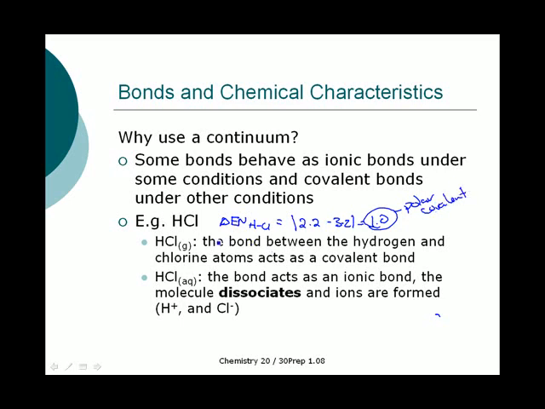And when it's in its pure form, it acts as a polar compound. It acts as a covalent bond. It's an individual molecule. It's a gas. It floats around in the air, so it acts like a molecular compound.